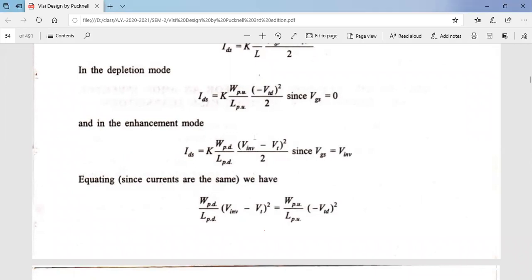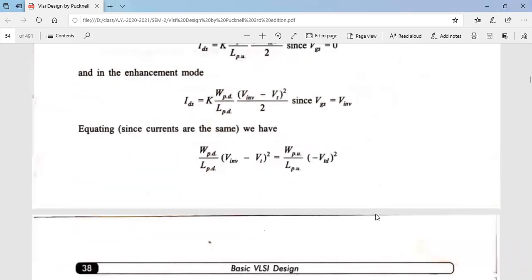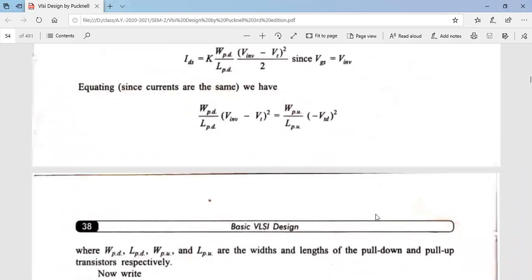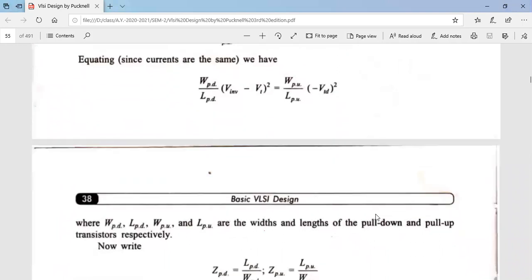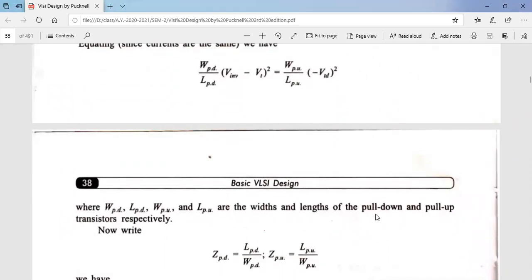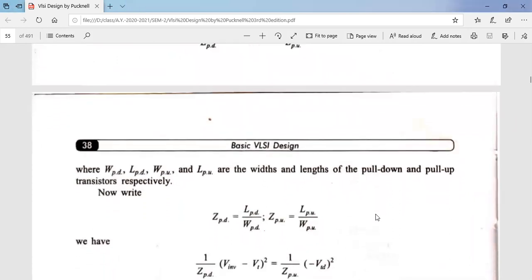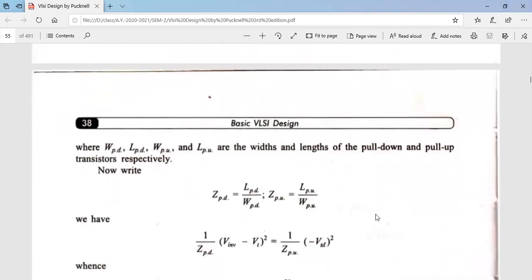The first and foremost condition is that this will work only when both IDS of the enhancement mode and depletion mode are equal. So (VINV minus VT) whole square, the length to width ratio is generally indicated as ZPD, and the length to width ratio of the pull-up transistor is indicated as Z pull-up.